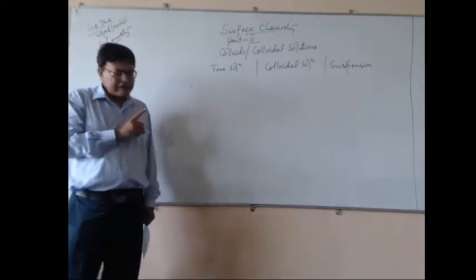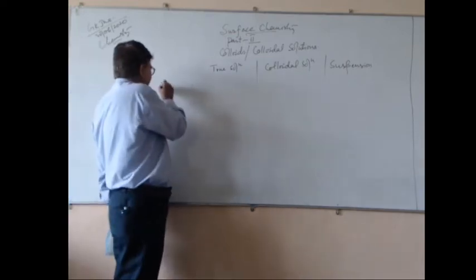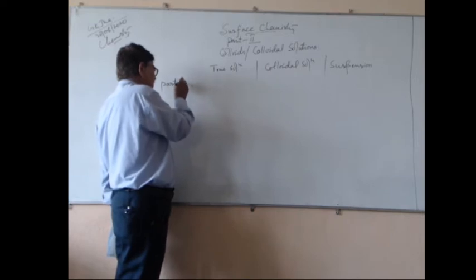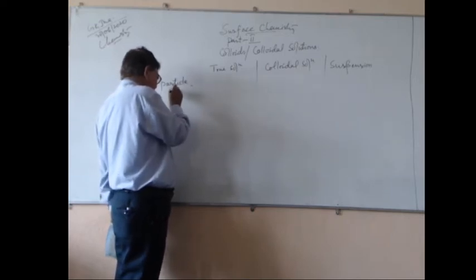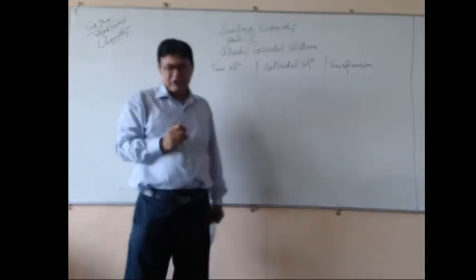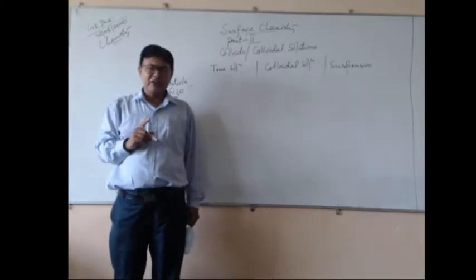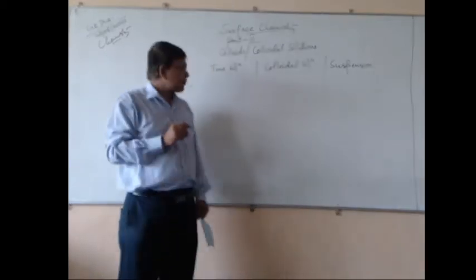These are three different kinds of solution based on particle size. This is an important point. I think this entire topic is based on this very important idea of particle size.